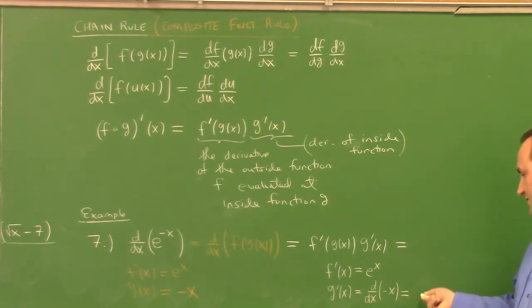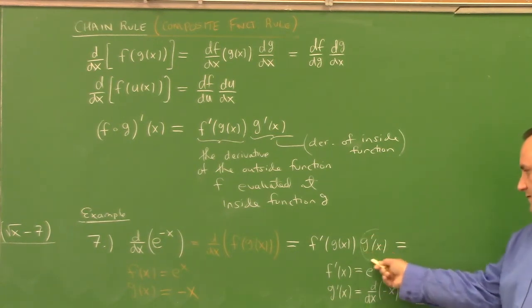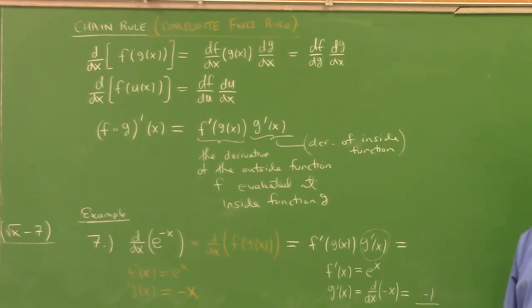What's g prime of x equal to? Minus 1, right? Put you out of your misery. The derivative of minus x is minus 1. I think you knew that. So this is minus 1.